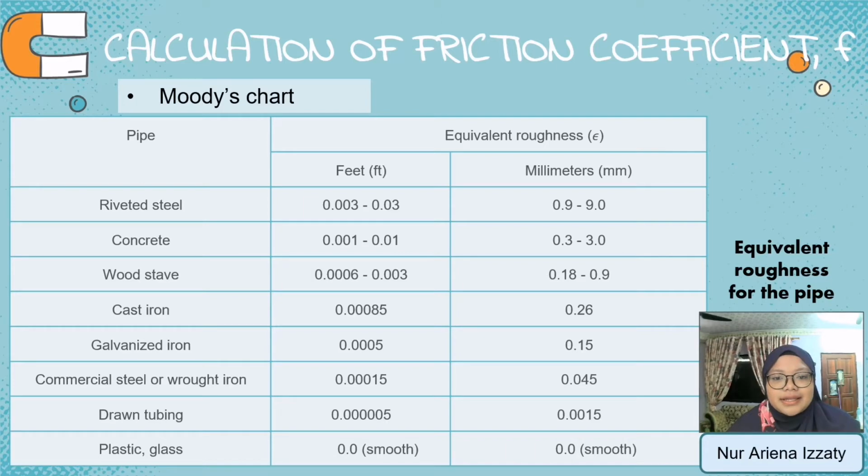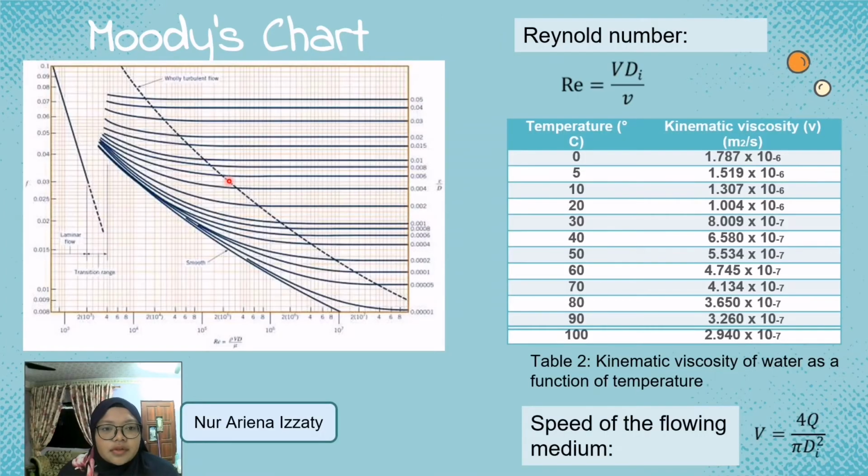An example of the equivalent roughness, based on the types of pipe, is listed in this table. We can obtain the friction coefficient by using Moody's chart because Moody's chart summarizes the relationship between the Reynolds number, the friction coefficient, the equivalent roughness for the pipe, and the inner diameter of the pipe.